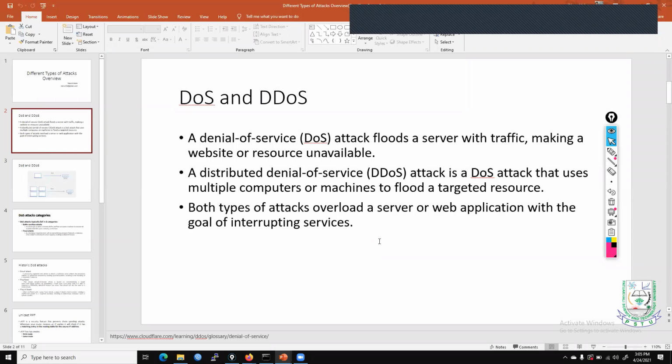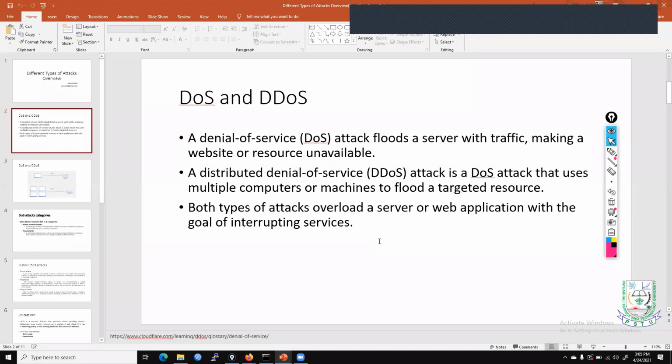It has a limitation of RAM, a limitation of hard disk, a limitation of bandwidth. So when a DoS or DDoS attack happens, it saturates all these things. And what happens when the server or the network device is saturated by the attack?